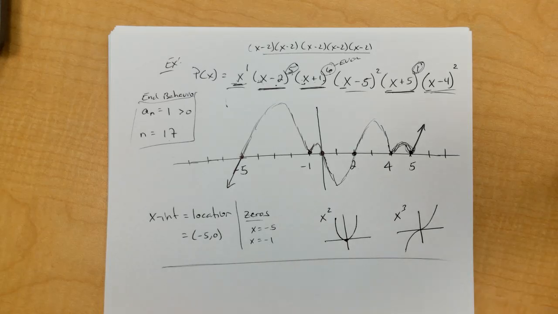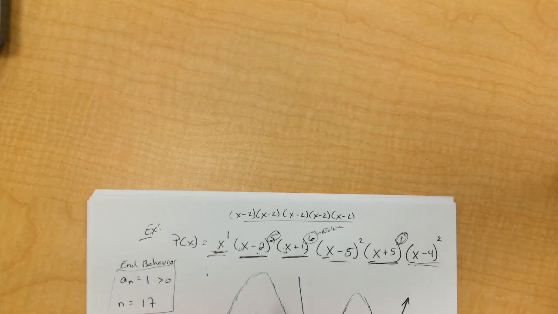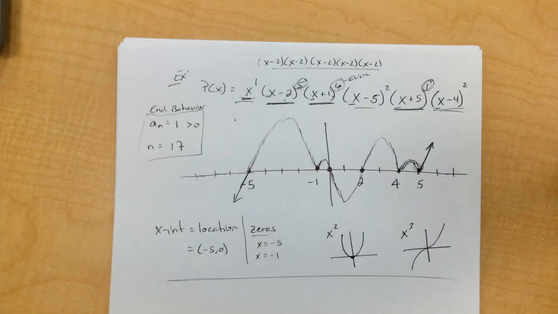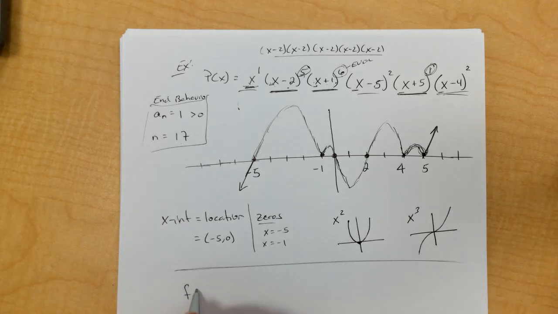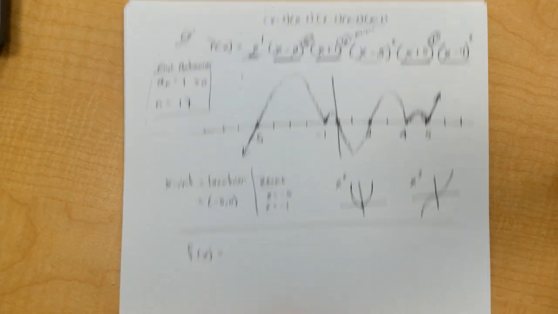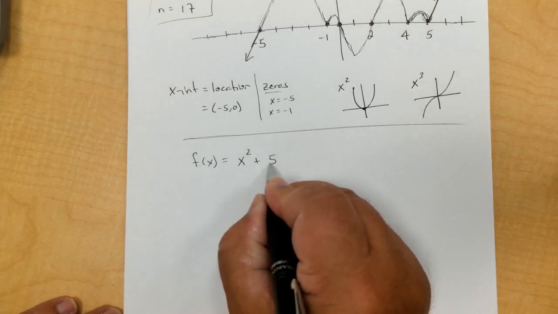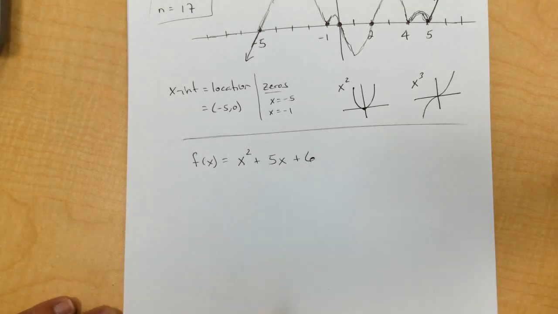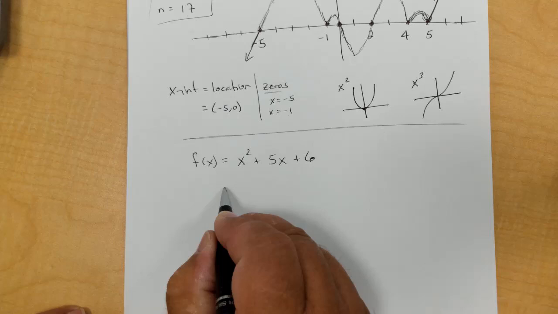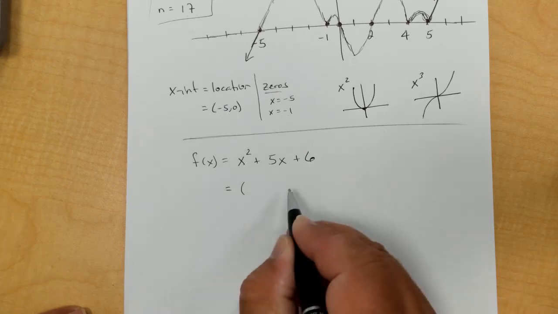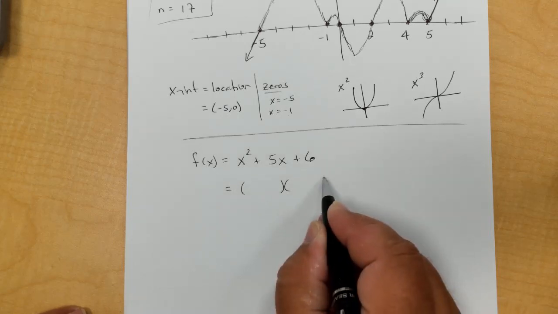So what we're trying to get to here is, if I give you a polynomial, the first thing you have to do is factor it. You have to take this function and break it down to its smallest pieces.